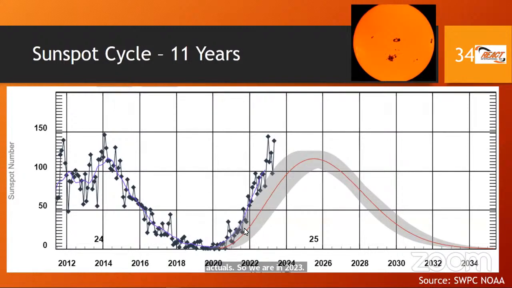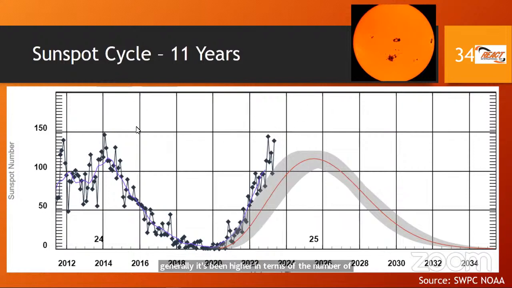And you may notice that the actuals are significantly above the average of what is expected. It's above even the maximum expected. But cycle 25 has shown that generally it's been higher in terms of the number of sunspots, which is a good thing for amateur radio operators.